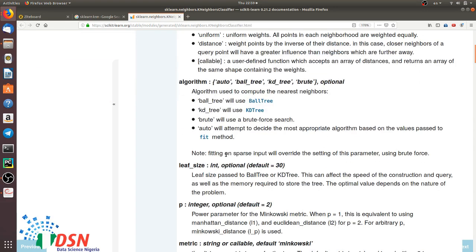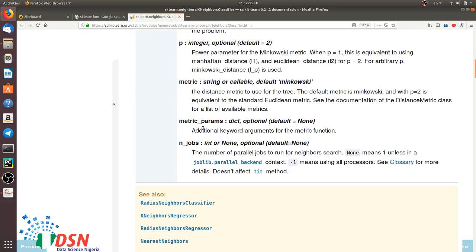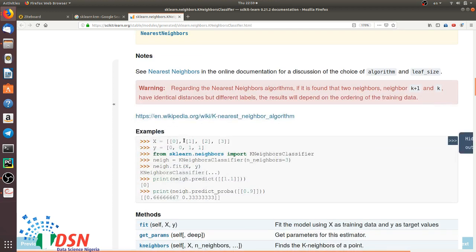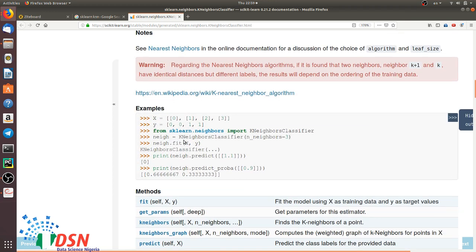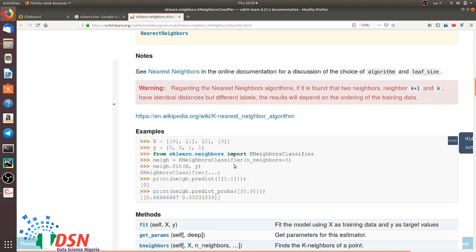You could use that, and you could read about it online. It is not actually related to KNN, but it is a metric. Okay, so as you could see in here, you could pretty straightforwardly use the KNN classifier.